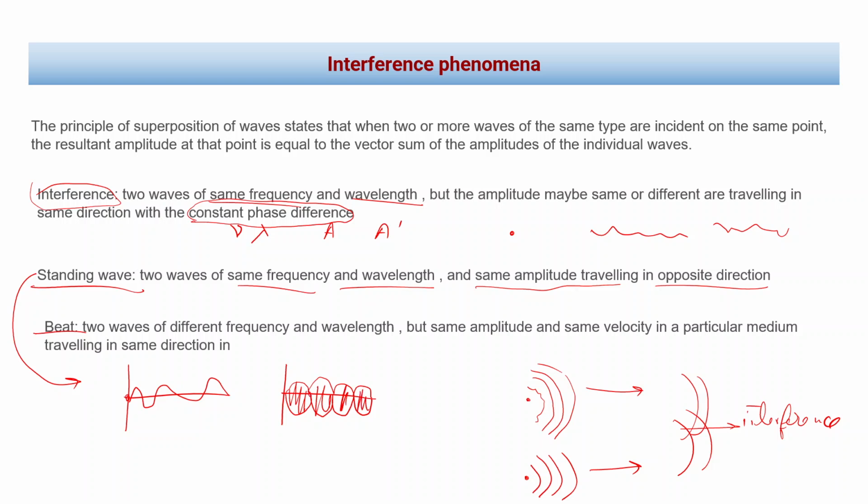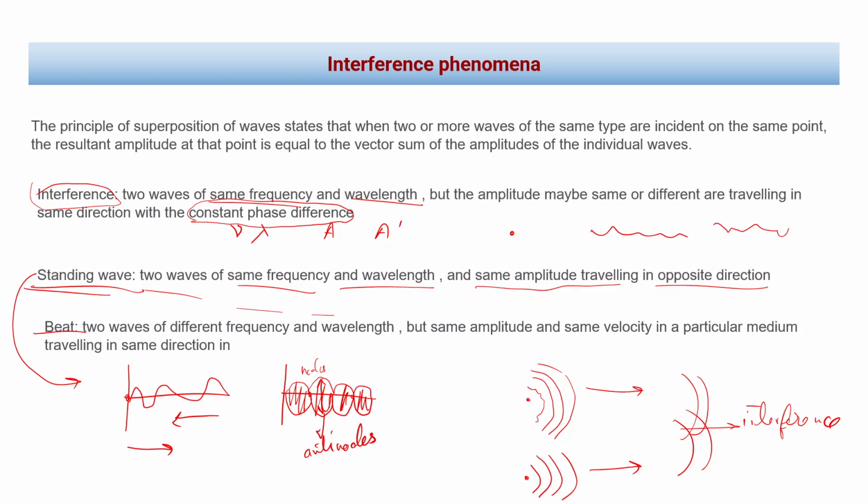We see points where it seems that no vibration is happening, we call them nodes, and where the displacement of the particle is maximum, we call them antinodes. What's happening here is one wave that we are giving goes in this direction, the same wave when coming back is coming in a different direction, so they are forming this standing wave.